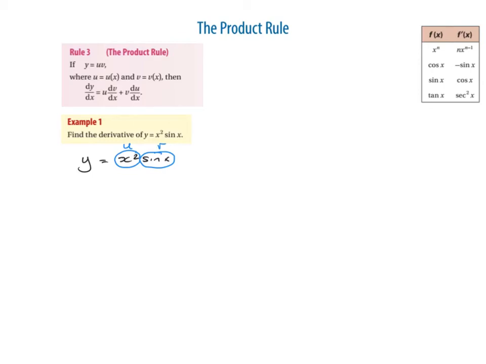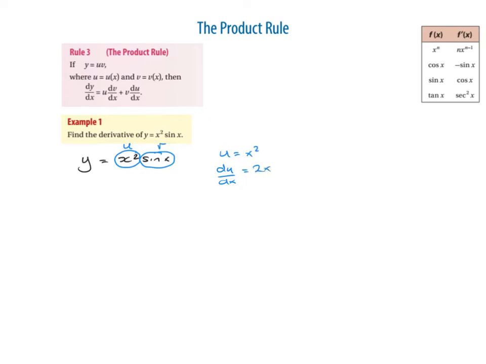I then go to the side, and I say, okay, u is equal to x squared. And what I'm going to do is differentiate that u with respect to x on the other side. So if I do that, instead of dy/dx, I'm going to get du/dx. And x squared, bring down the power, rewrite the x, take one off the power, we get 2x.